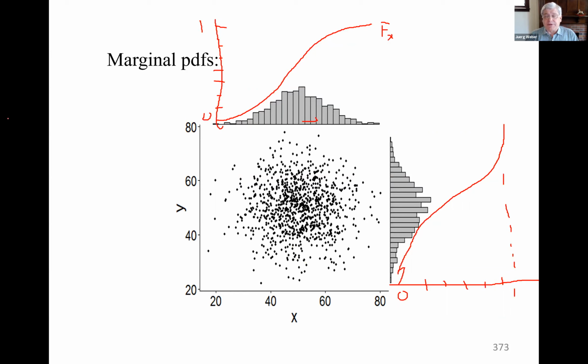Now here I work with a normal distribution. What's uniform are the function values of the CDFs of the marginal distribution. This one would then be Fy.